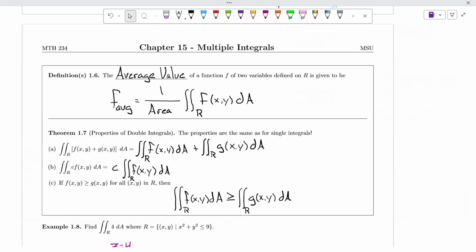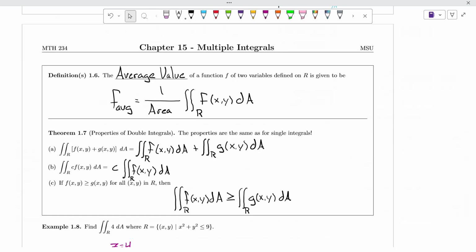More generalizable, it is the integral of the function divided by the magnitude of its domain. Since our domain is an area, the magnitude of our domain will be an area. So 1 over the area times the integral of the function. Of course, it's going to be a double integral now because it's got multiple variables.